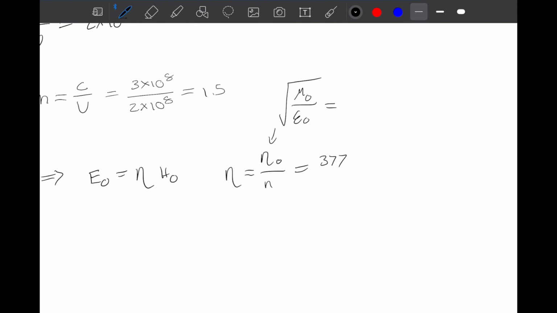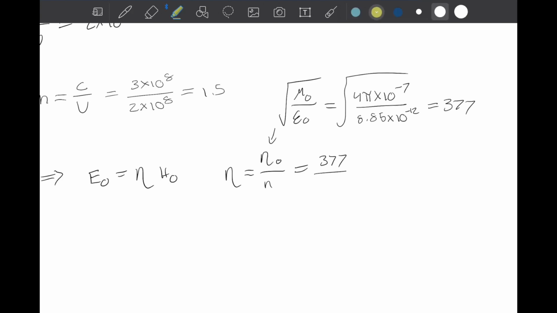We know mu naught has a constant value of 4 pi times 10 to the negative 7, and epsilon naught's constant is 8.85 times 10 to the negative 12. If we take the square root of that ratio, we get 377. Now that we know how eta naught is found, we divide it by our index of refraction, which we found to be 1.5 earlier.